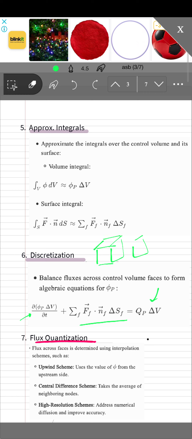This is one control volume and this is another control volume. So face-to-face flux exchange takes place between these control volumes. And that is why this phi is being considered, because we are considering the central point between the two faces. So that happens to be the center point of the mesh.